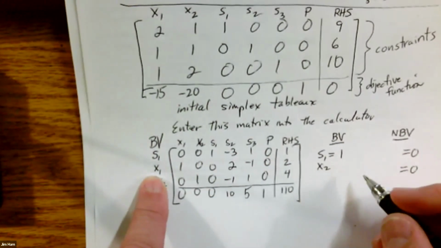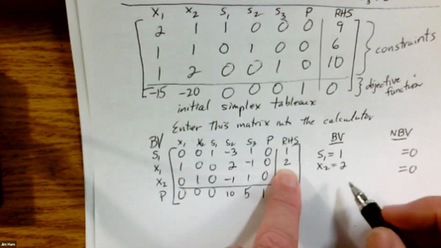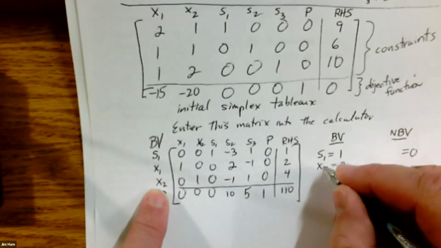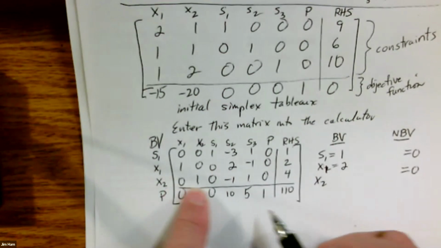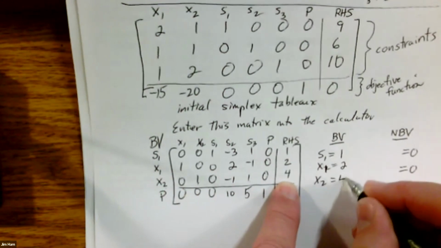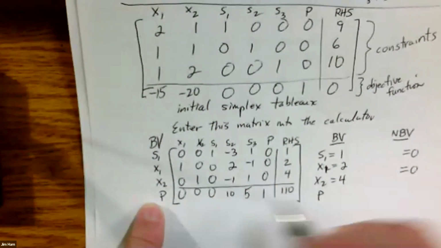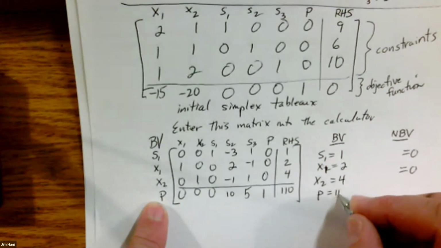X1 is the second basic variable, and its value is way over here underneath the right-hand side, 2. X2 is the basic variable of the third row. Go all the way over to the right, and you'll see 4. And then finally, P is the basic variable of the last row. You go all the way over, and you get 110.